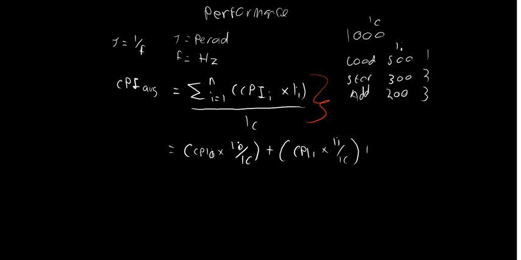Basically, for each of our instructions we're getting that instruction's CPI times the fraction of how many times that instruction appears in our entire code over all the instructions in our code, and then we're repeating that for every instruction that we have. So that's what all that means.